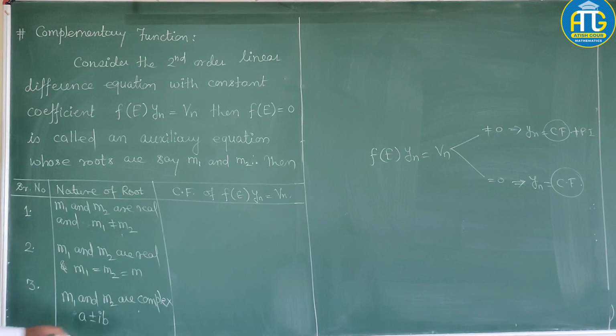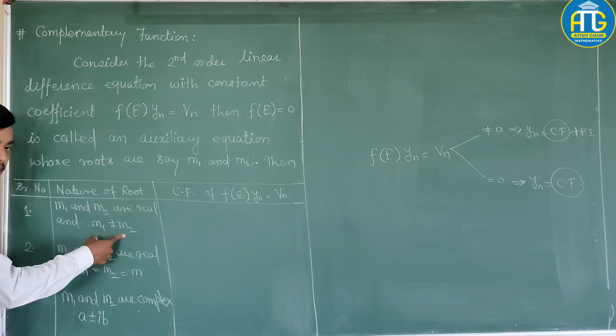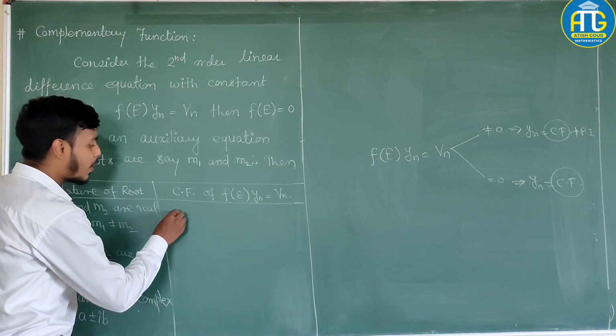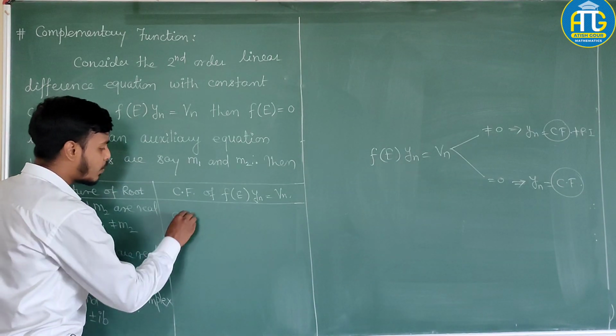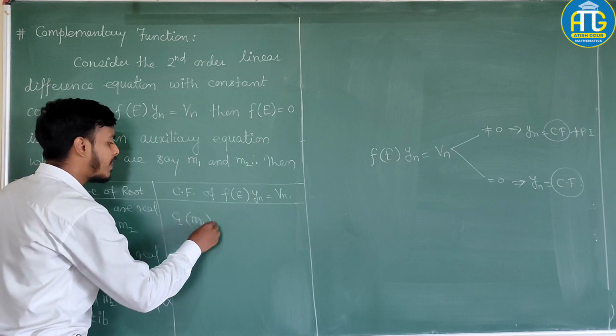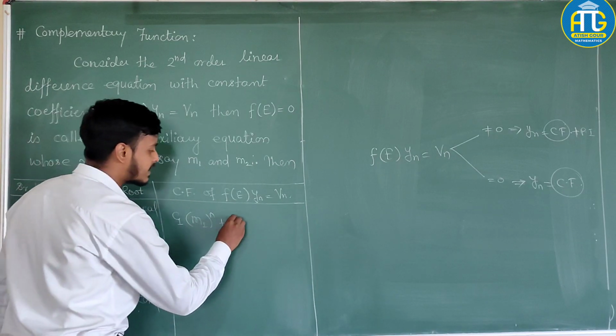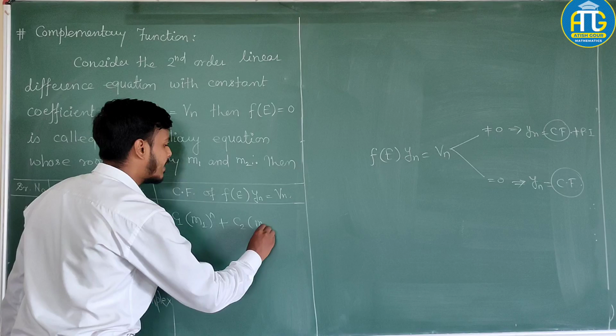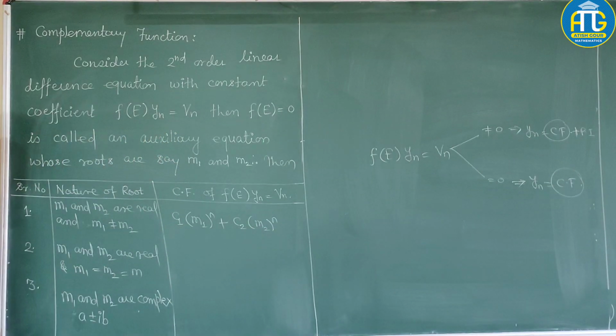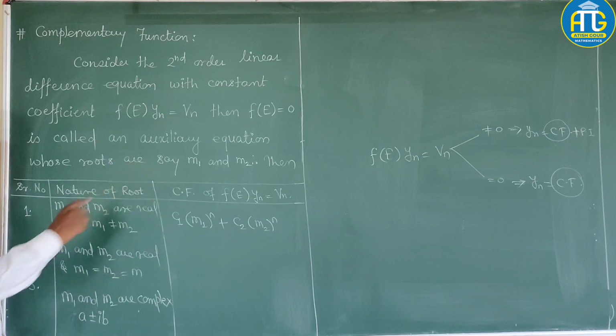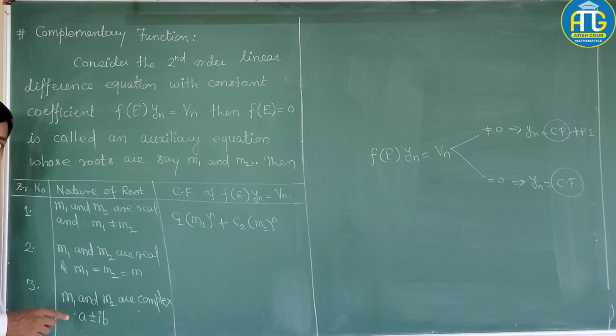So let us see, if we have 2 real roots and both the roots are different, then in such case complementary function would be c1 m1 power n plus c2 m2 power n. This table is going to play a very vital role in writing down the solution of difference equation.